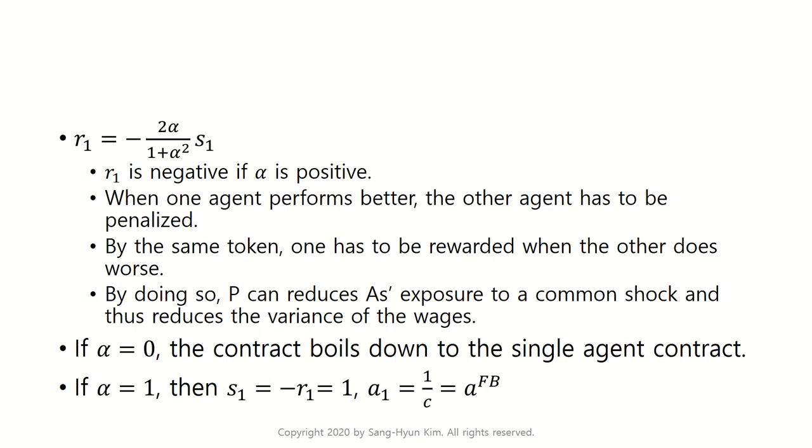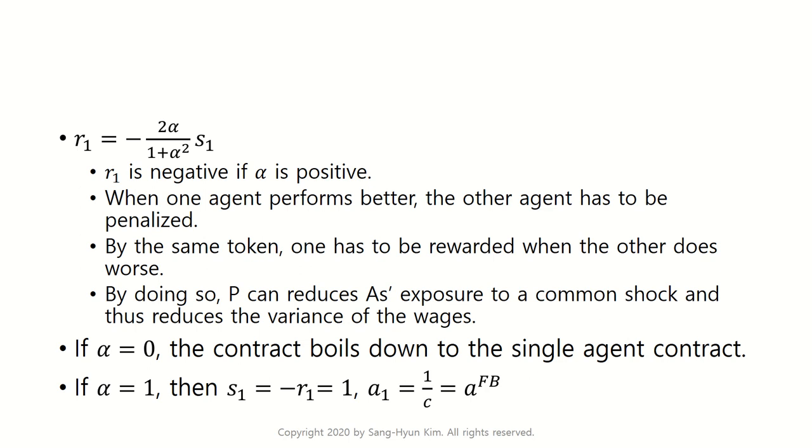So where are we? By doing so, the principal can reduce the worker's exposure to a common shock, and thus reduce the variance of the wage. By reducing this variance, the principal is basically providing a better insurance to the agent.